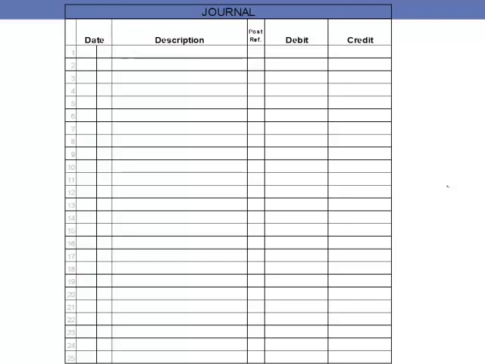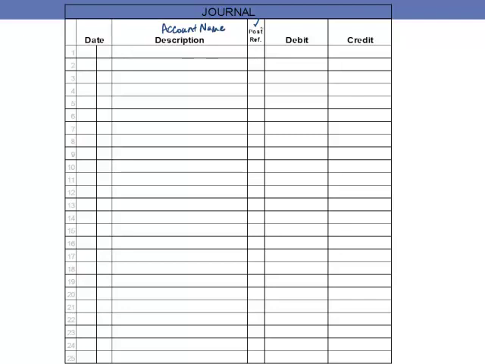But this is just a journal template that I made up in Excel, and it's got a date column, description, which is going to be your account name, and debit or credit. We've got debits on the left, credits on the right. And post reference, that's for a check mark if you've posted it to the T account. So when we post them, we can either check mark or put the page number of the ledger that we used.